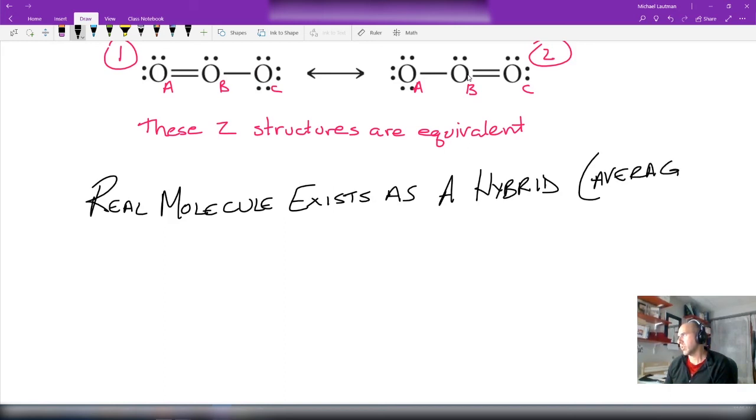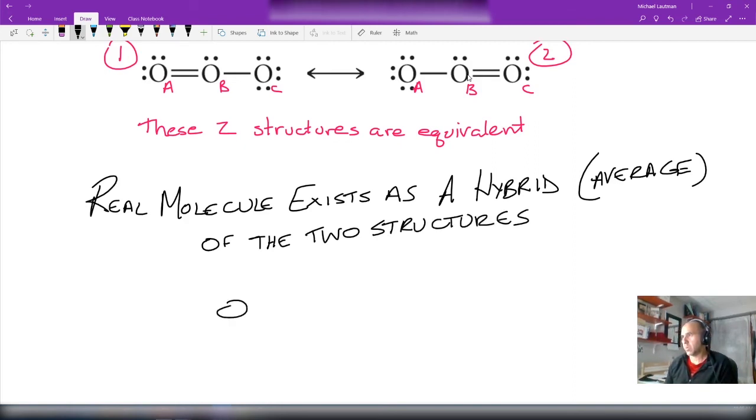Kind of like an average. So the real molecule, I have to represent kind of like this.